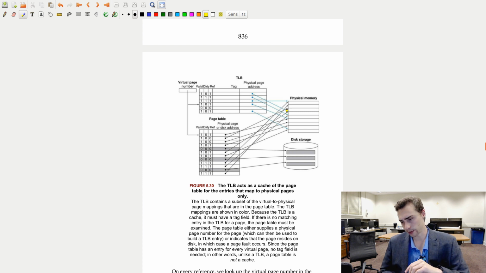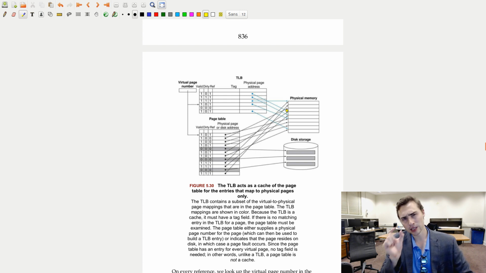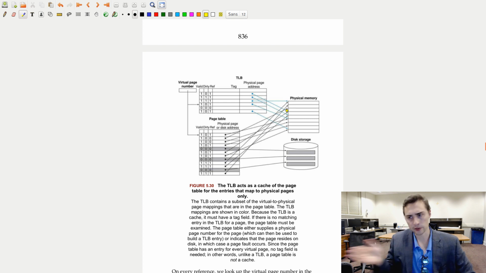There have been proposals for GPUs of using what I think are called super pages, with pages the size of like 2 megs. This is because when you're transferring over PCIe from the CPU to the GPU, there's a bit of cost that you pay for that transfer.